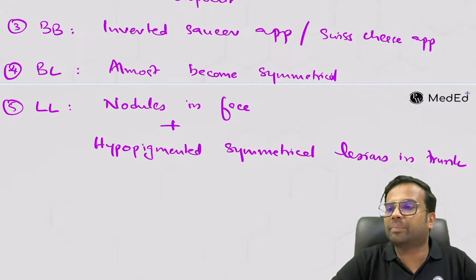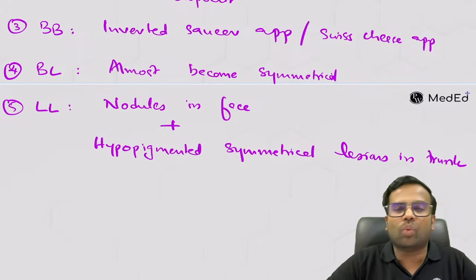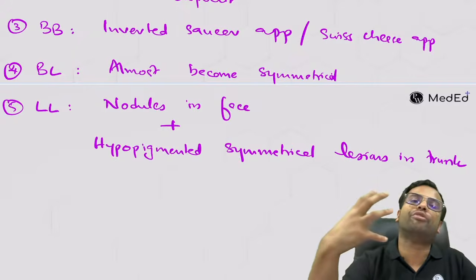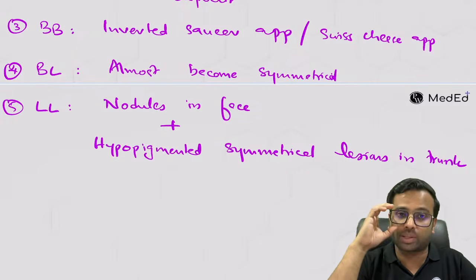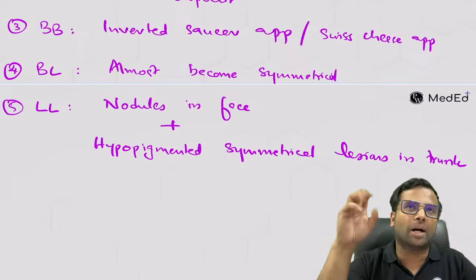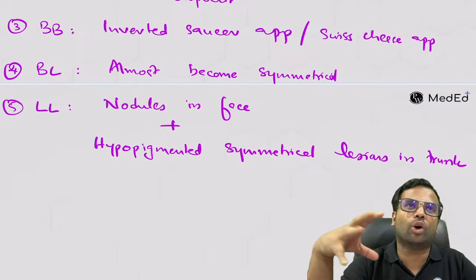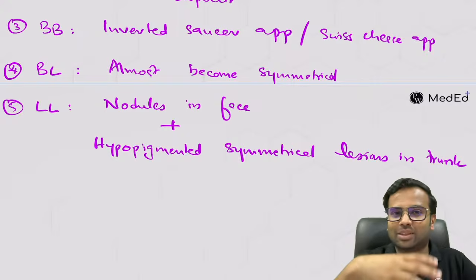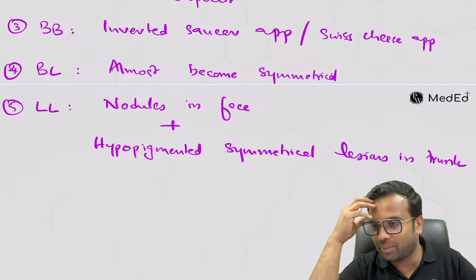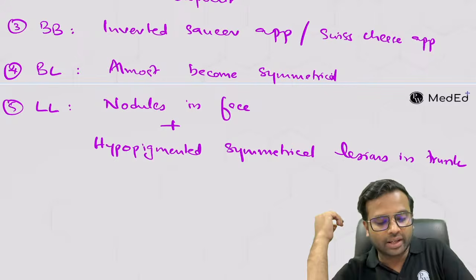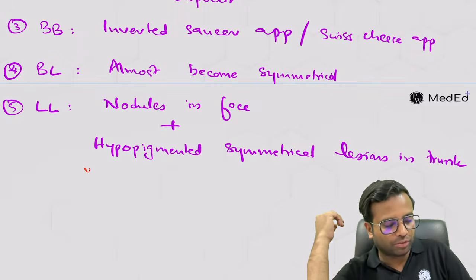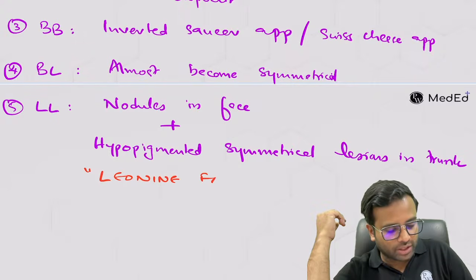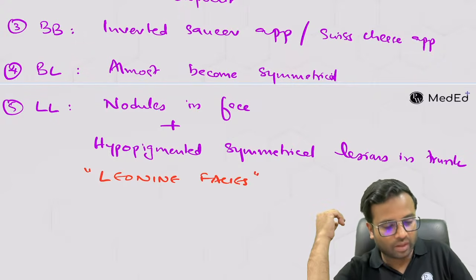And any idea, anyone in the chat box, what do you call the peculiar face in lepromatous type of leprosy? Does it look like a monkey? Does it look like an old man? Does it look like a lion or something else? Any idea? So here there is a peculiar name for the face, which is called leonine facies, right?